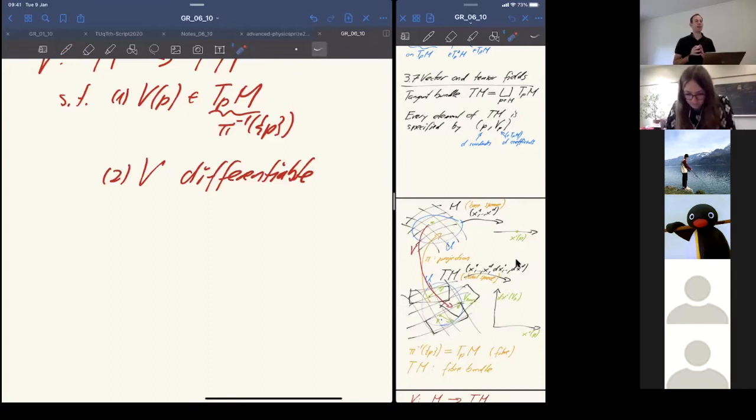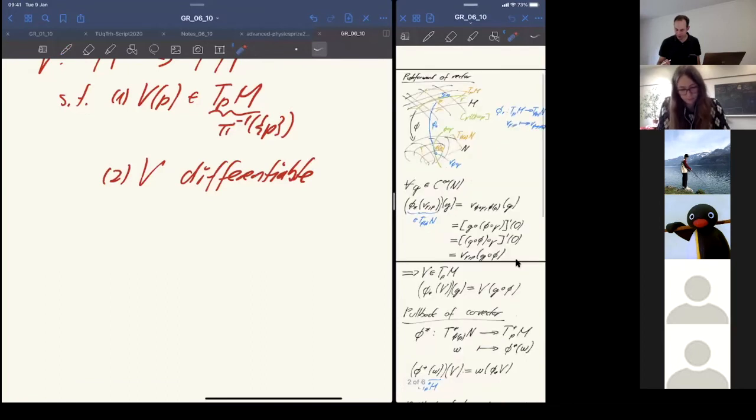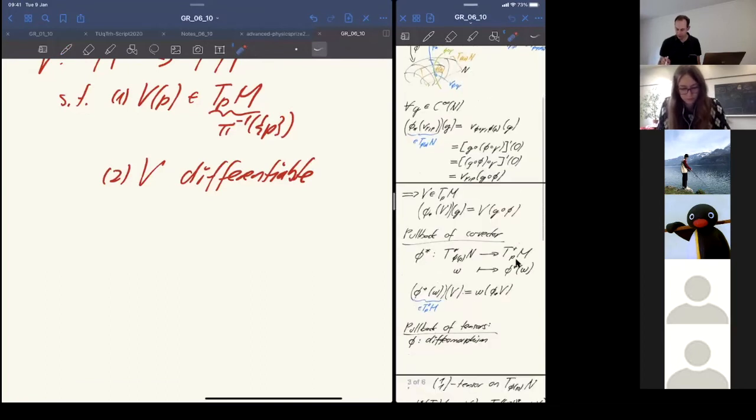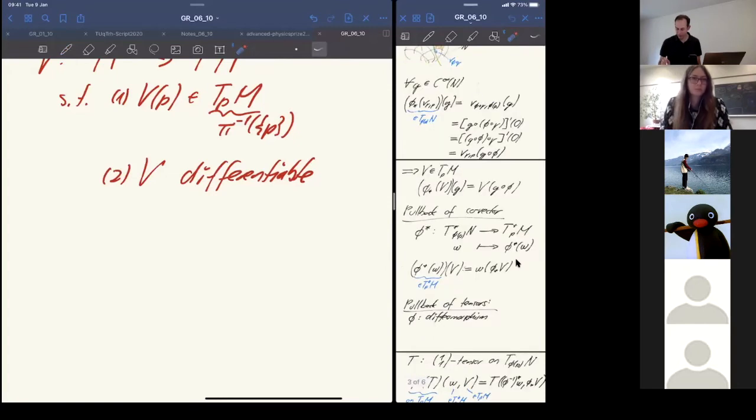So for example, the pullback is a map from T star phi of P to T star P M. Now I can do this at any point and then replace this T star P M just by T star M.